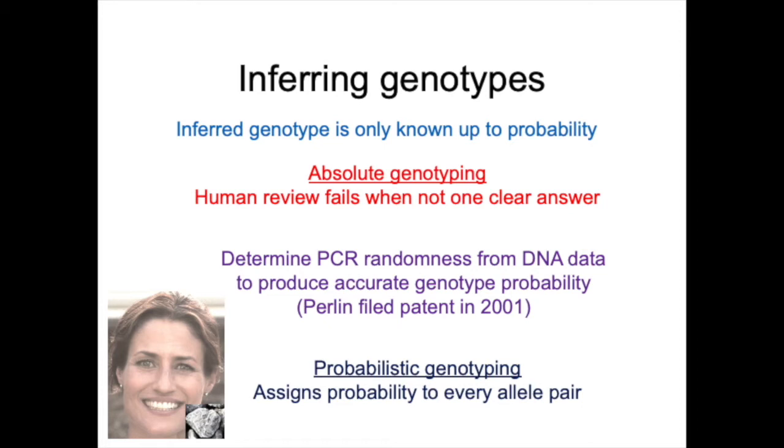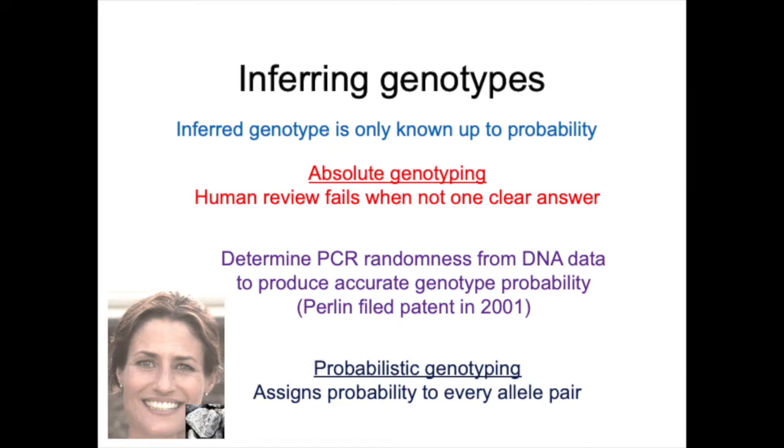However, coincidentally, in 2001, I filed a patent, which later issued, and invented a way of working out what all those probabilities were by determining what the PCR copying randomness was for each experiment directly from the DNA data, and that way we could get accurate genotype probabilities.